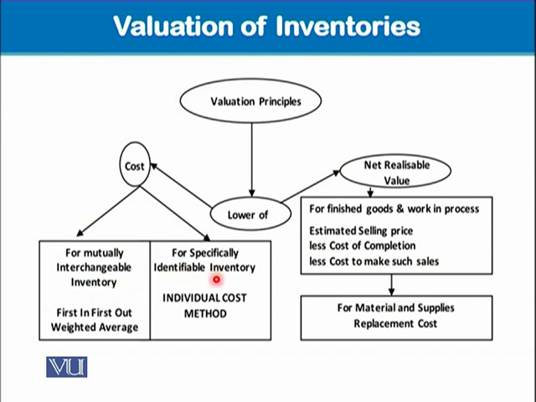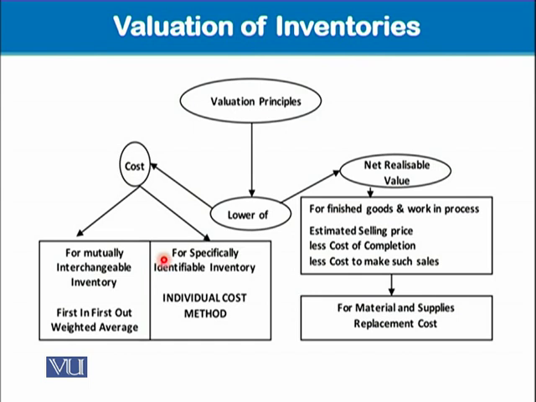For specifically identifiable inventory, which is in fact not interchangeable, we use the individual cost method. First of all, what are these types of inventories? Let's take an example of furniture once again. If we are dealing in designer furniture, a designed sofa or designed bed, these furnitures would be different from the others. Or one more example, which is very easy to understand, jewelry.